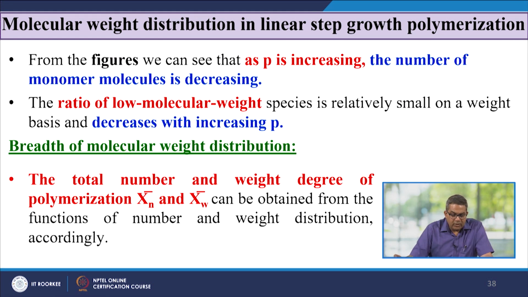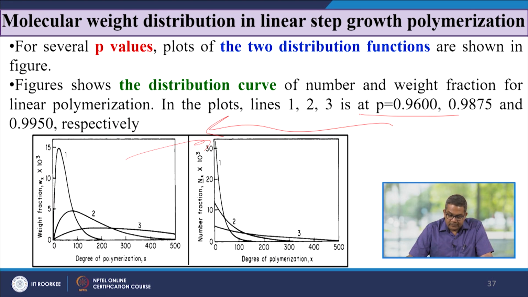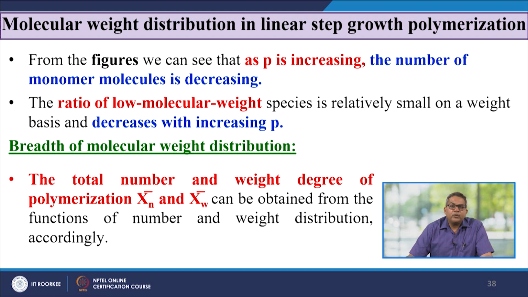From this figure, we can see that as P is increasing, the number of monomer molecules is decreasing. The fraction of low molecular weight species is relatively small on a weight basis and decreases with increasing P. So the breadth of the molecular weight distribution and the number and weight average degrees of polymerization, bar Xn and bar Xw, can be obtained from the number and weight distribution functions accordingly.